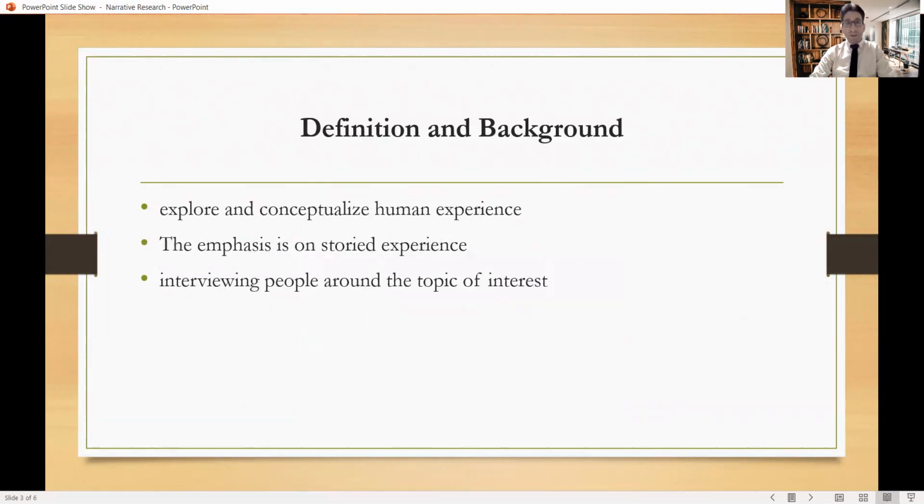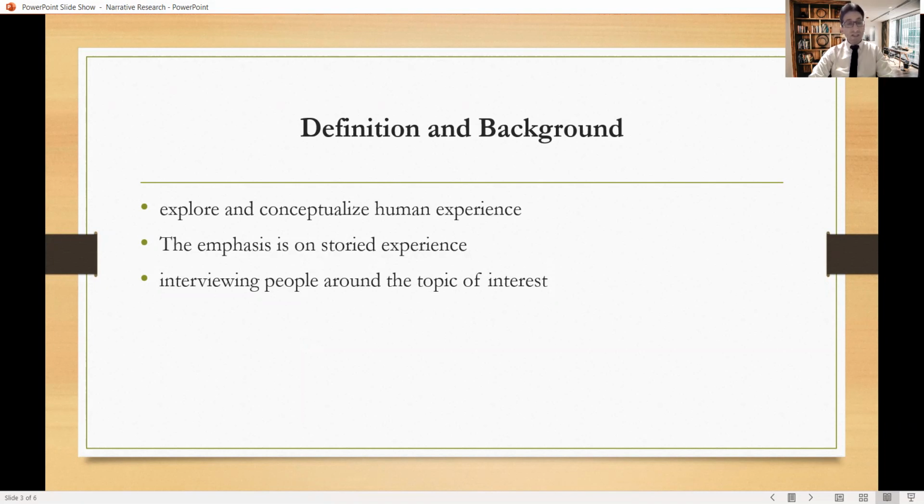So first of all, let's talk about the definition and background. Narrative research aims to explore and conceptualize human experiences as it is represented in textual form. The emphasis is on storied experience.